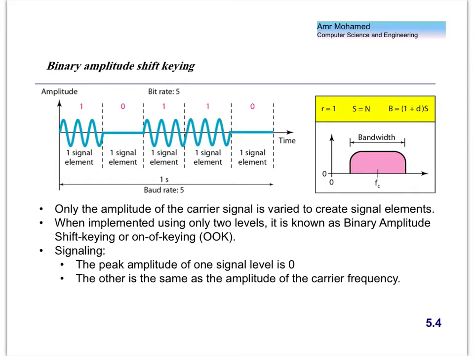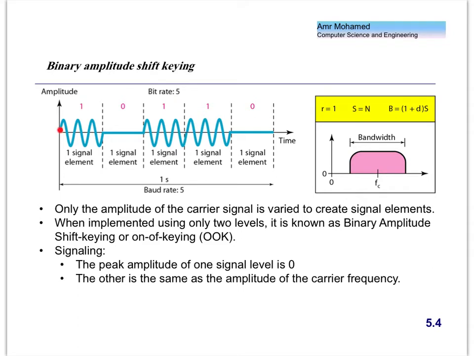So first, the simplest method is what we call binary amplitude shift keying. This is in a way the same idea as non-return to zero line coding, except that instead of sending the one as a fixed voltage here, we send the one as a fixed frequency sine wave.